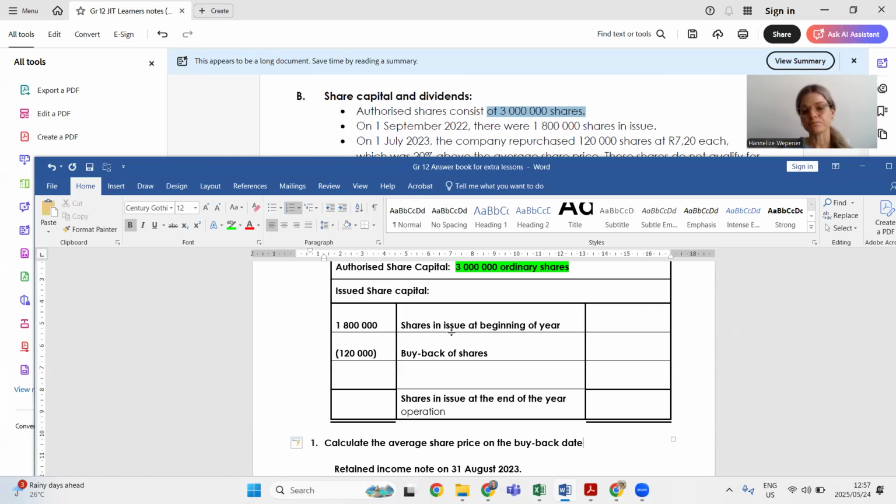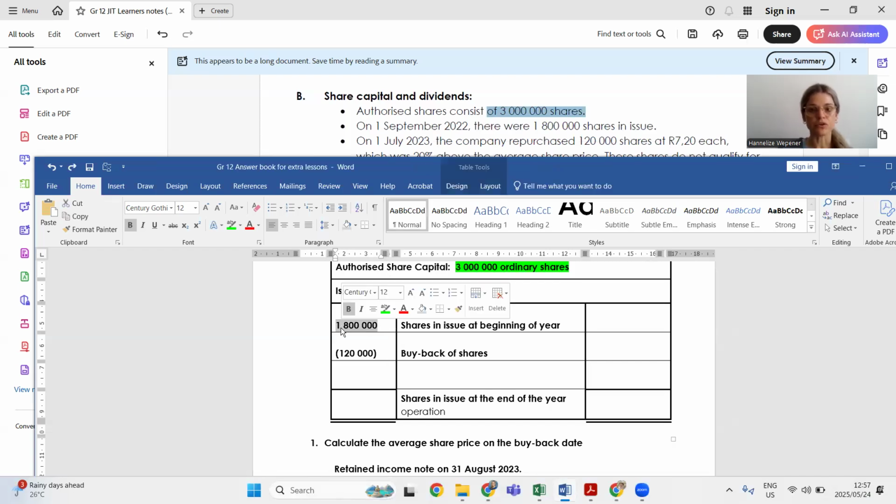So let's say your shares were issued at R1 each. Then you can only remove R1 per share from this account because you can only remove what you have included in the account. You can't now remove it at R2 each because then you're going to get to the point where you have negative ordinary share capital.